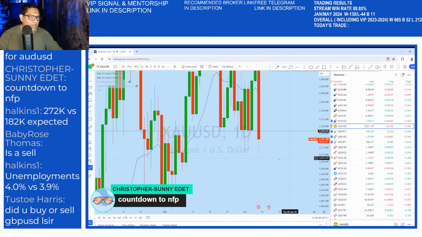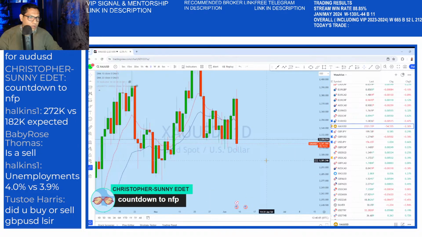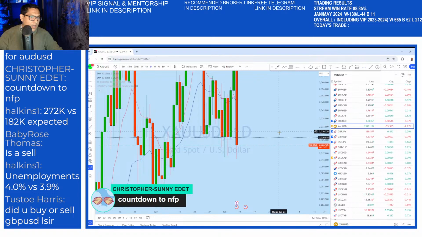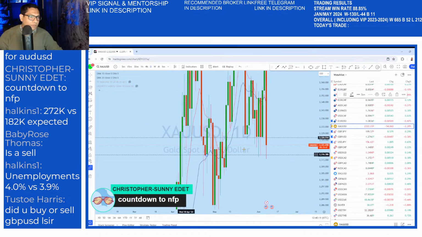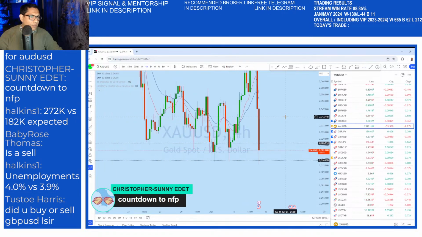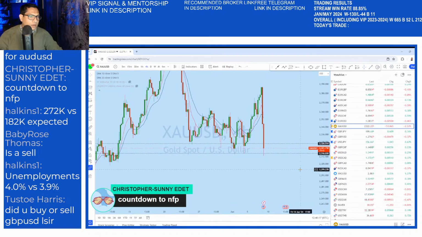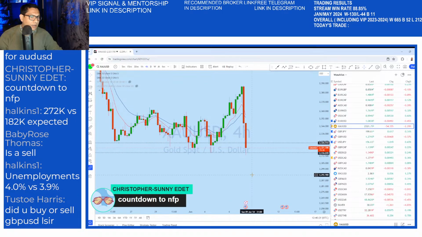So looking at the daily, this is today's candle on gold. That's huge volatility, it has broken completely through the support level. And from the lower time frame, a red candle followed by another red candle.